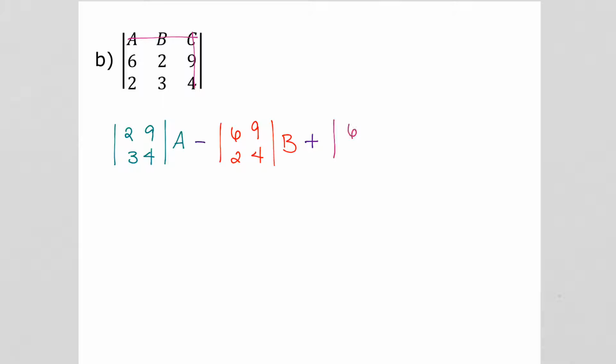If we want the determinant for this one, first, cancel out A. So we have 2, 9, 3, 4 times A minus, cross out B's, we've got 6, 9, 2, 4 times B plus, cross out C's, 6, 2, 2, 3 times C.